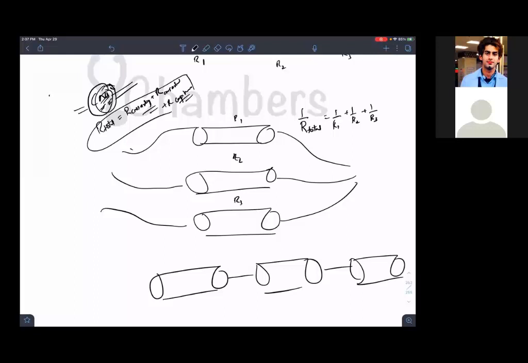Okay. And you know, whatever blood flow the largest artery is receiving, the same blood flow will be received by the small blood vessels. The total blood flow will be the same.